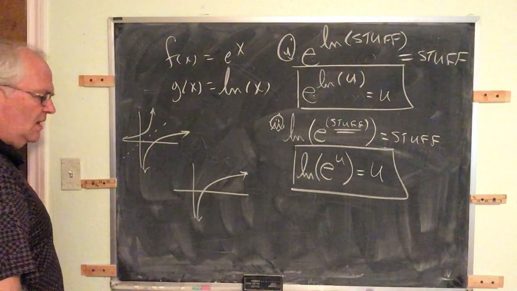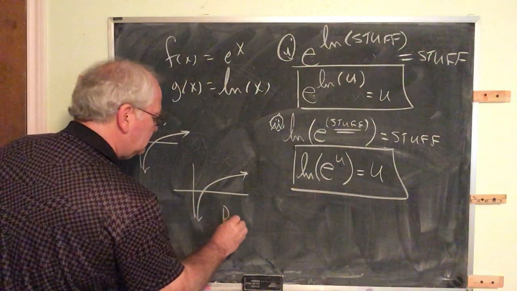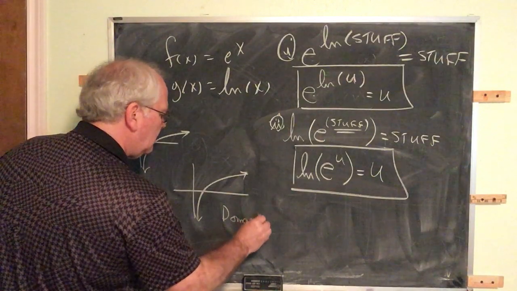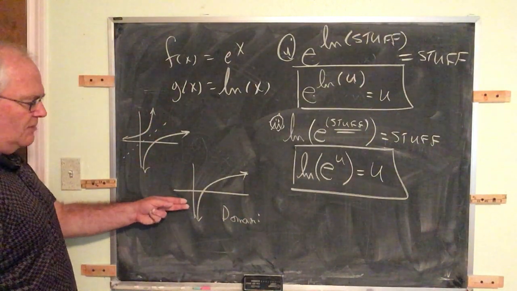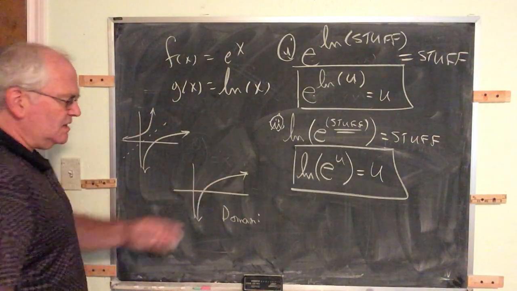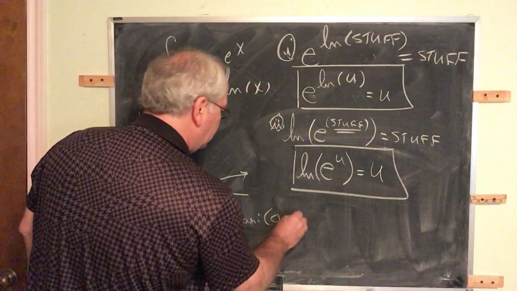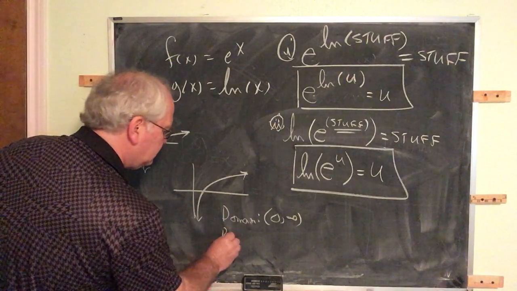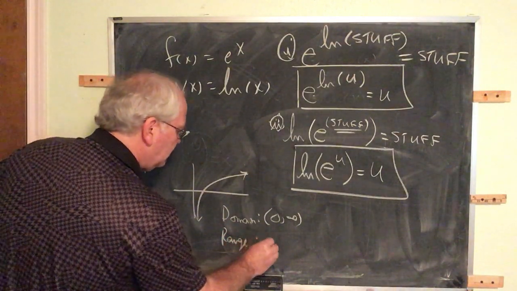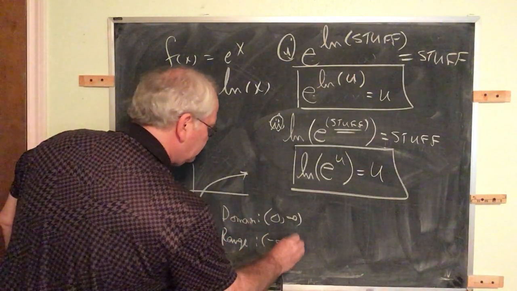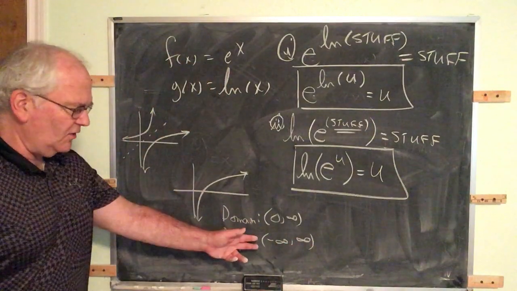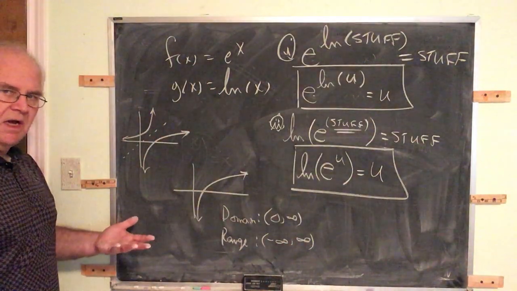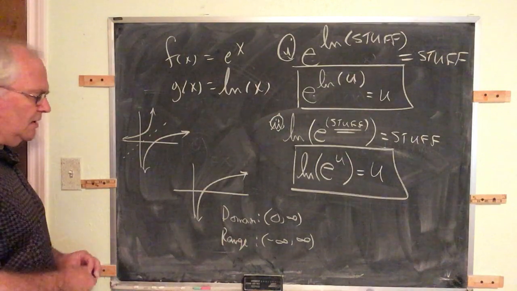So the graph of the natural log function is this. We have the domain. The only part of the x-axis we're using are the positive values, so the domain is from 0 to infinity. But the range, we are using the entire y-axis. The range is all the real numbers, either this version, or if you prefer the double stroke R, all the real numbers.